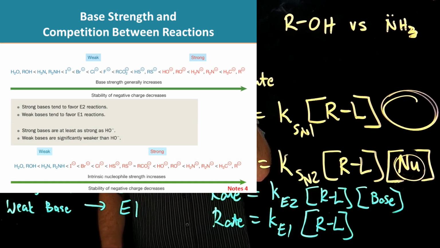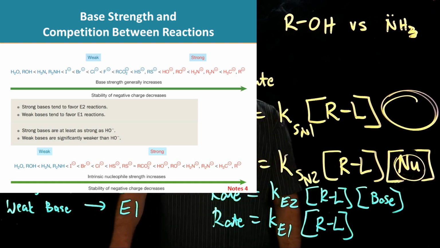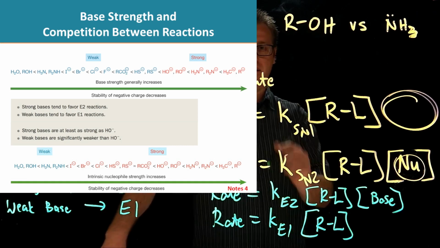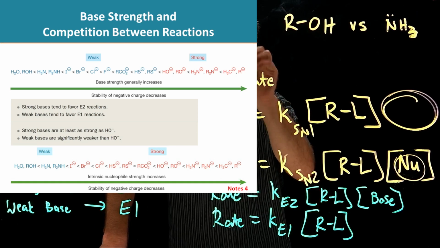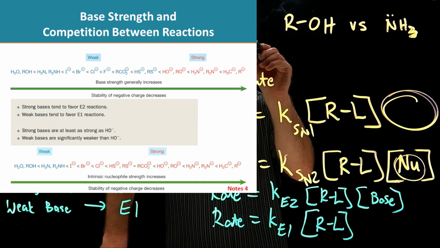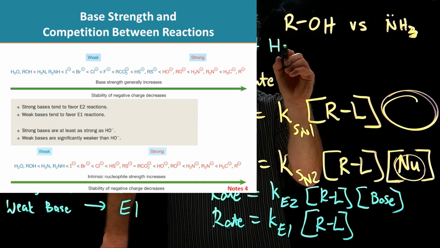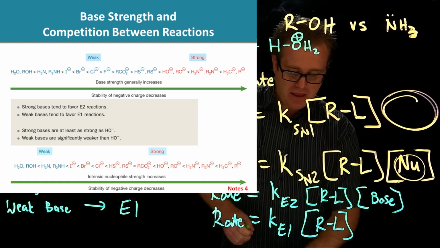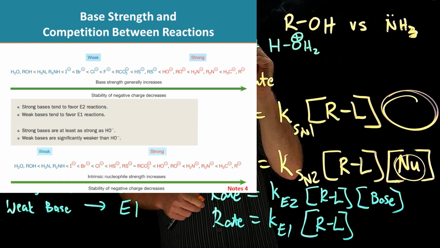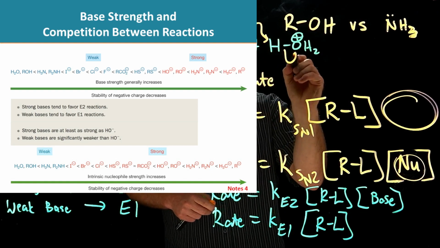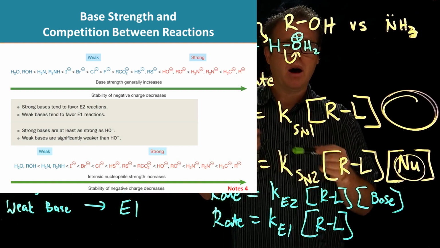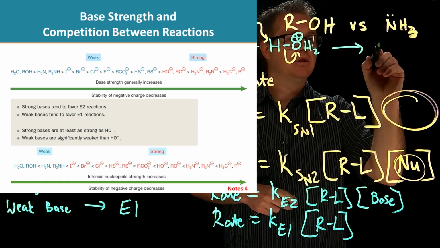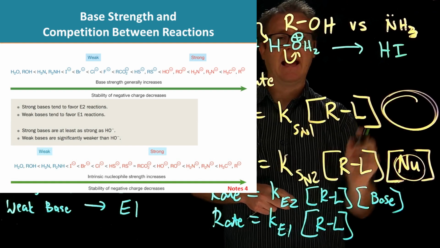But why would iodide be a weak base? Well, think about it. What happens if we treat this as a base? It's going to want to abstract a proton from an acid, right? And so that would just mechanistically come in, abstract that proton like so, and generate what? That would generate hydroiodic acid.